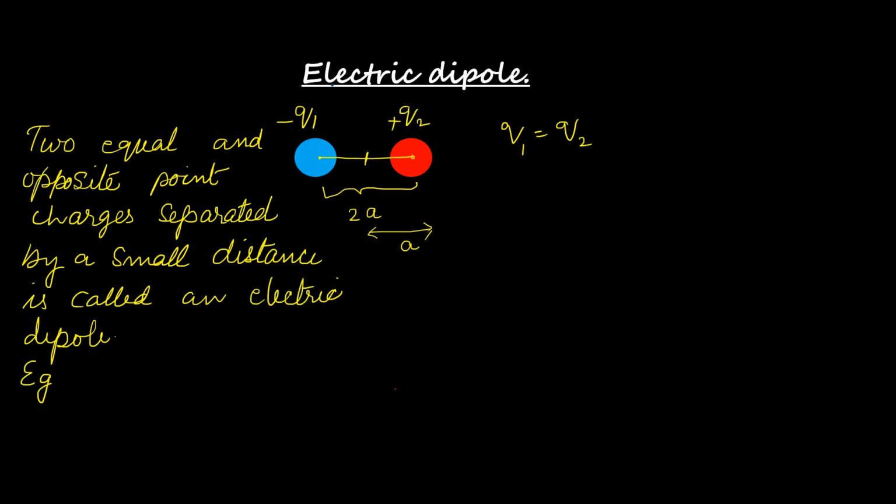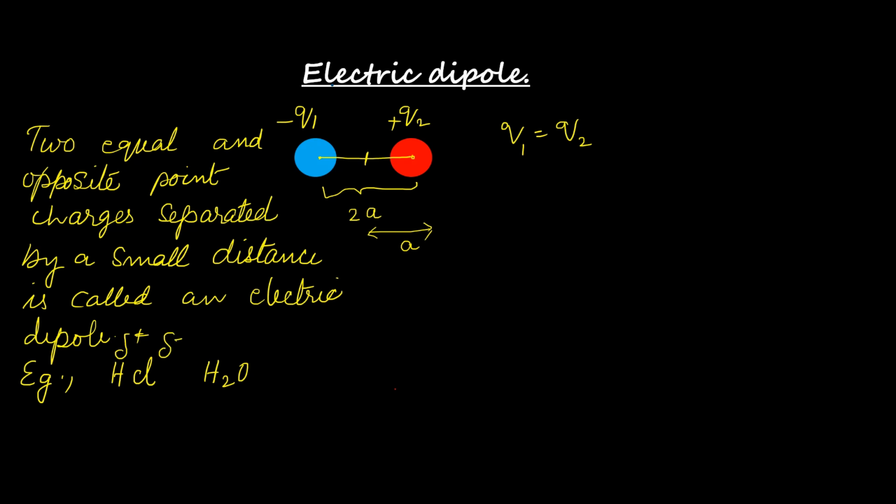Hydrogen chloride molecule and water molecule behave like electric dipoles. They are covalent molecules but have polarity. In hydrogen chloride molecule, chlorine atom is highly electronegative. Therefore, hydrogen develops a delta positive charge and the chlorine atom develops a delta negative charge.